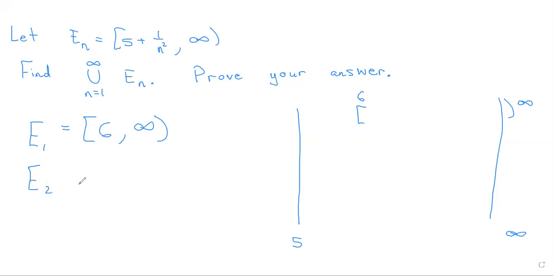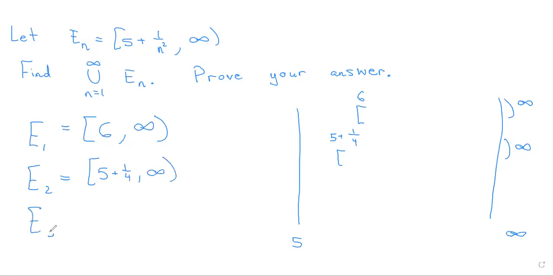For E2, we'd get 5 plus 1 over 2 squared, which is 4. So that's 5 and a quarter. And the other side is still infinity. 5 plus 1 fourth, to infinity.